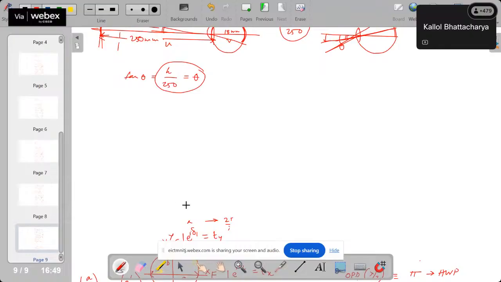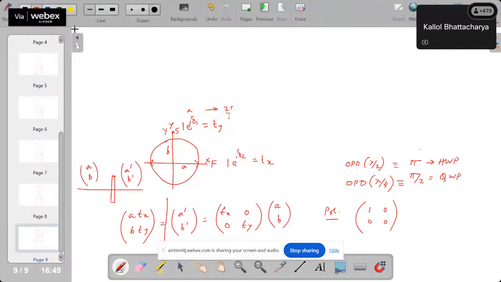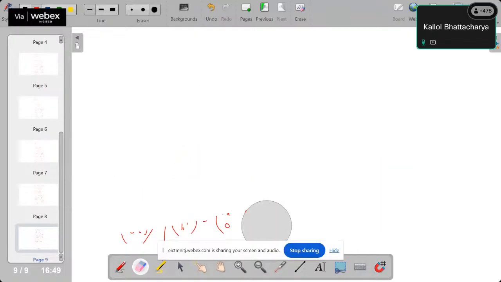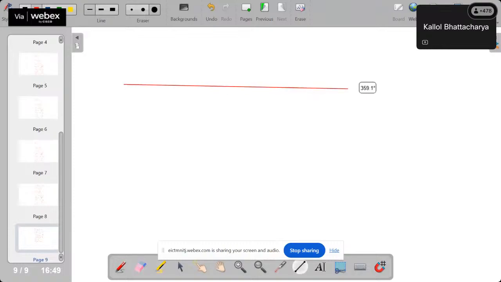So let us derive the angular magnification of a microscope. To do that, I need to draw the diagram once again a little bit neatly. Just bear with me. Let's say this is my objective lens and this is my object here.